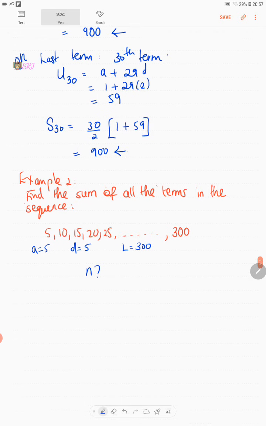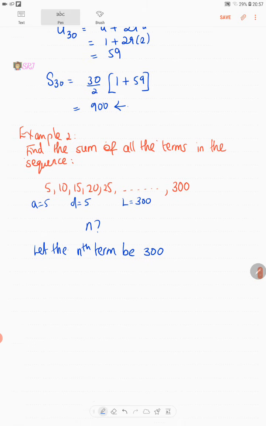So to be able to find the sum of these terms, we need to know how many terms there are first. So if we are able to know which term represents 300, we will be able to know how many terms there are in the sequence. So we let the nth term be 300.